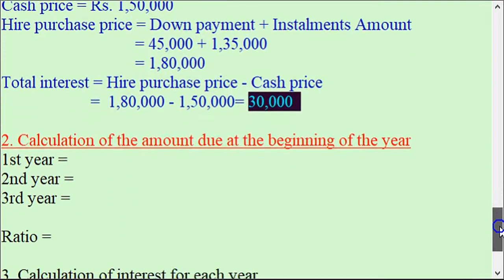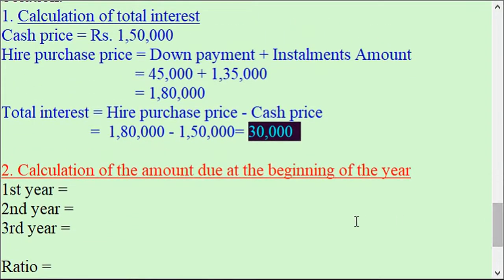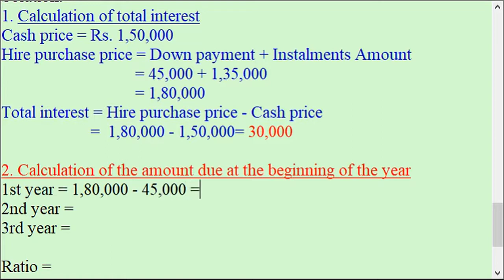Now I'll calculate the amount due at the beginning of first year. So hire purchase price is 1,80,000. First year beginning, I have made a down payment of 45,000. So first year beginning amount due is 1,35,000. Second year beginning means first year is over.